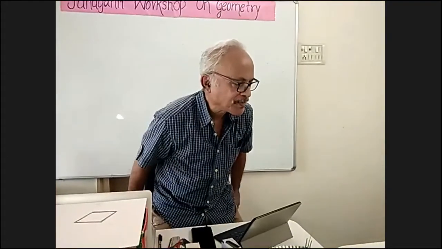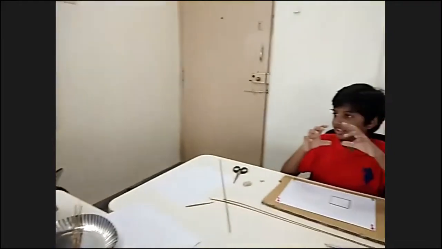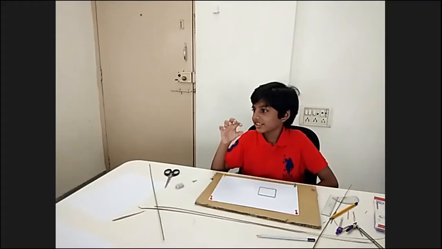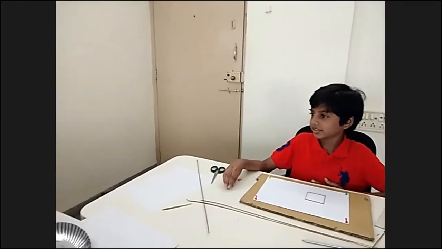What is a rhombus? A rhombus is a quadrilateral of a shape of a kite. What is the property of a rhombus? Meaning all the lengths of all the sides are the same. Right? If the length of all the sides is the same, then it is a rhombus or a square.